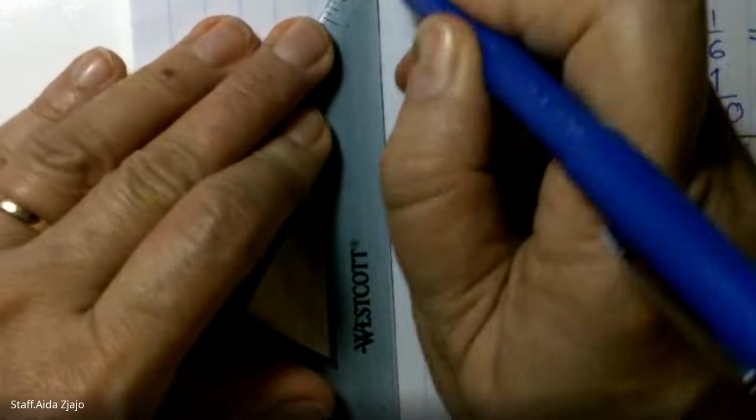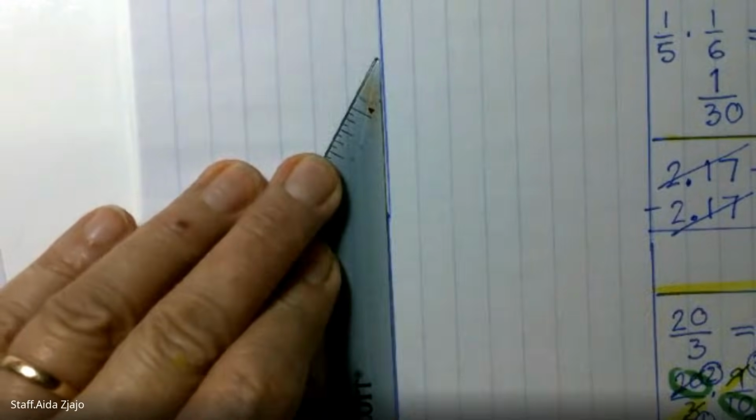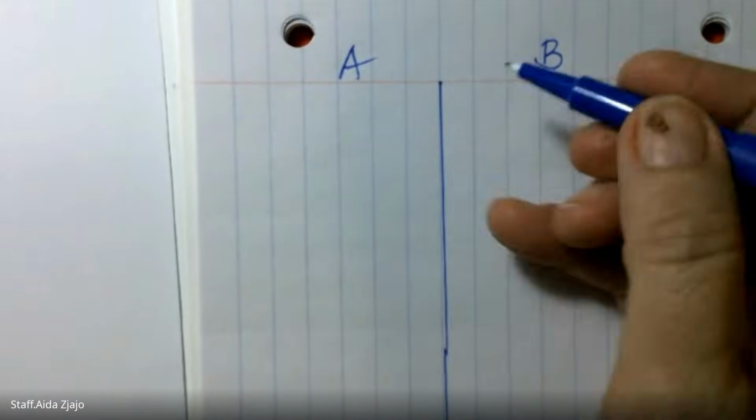Okay, I'm gonna draw a line. A and B. And then we did this one, and we have 2 more.